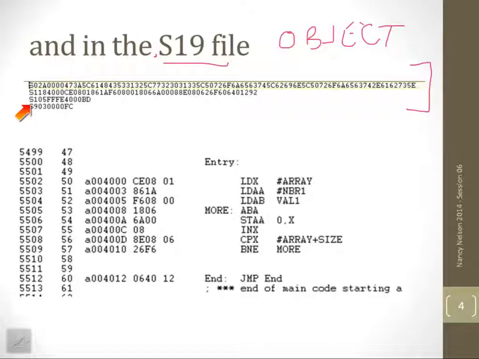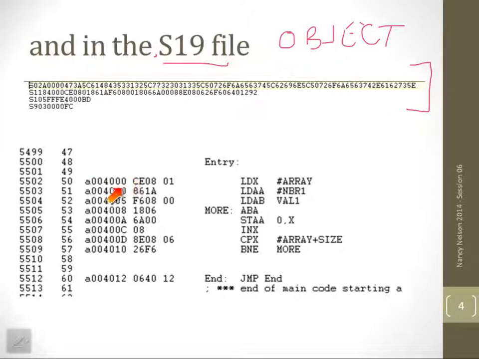We can see that each line in the file starts with an S, hence the S in the file name. Then we have S0 lines, we have S1 lines, we have S9 lines. So that's why the S19. I guess they decided not to put the 0 in. Then we have a lot of hexadecimal bytes per line, and we're going to look at exactly what those mean in a minute, but let's point out a few things here.